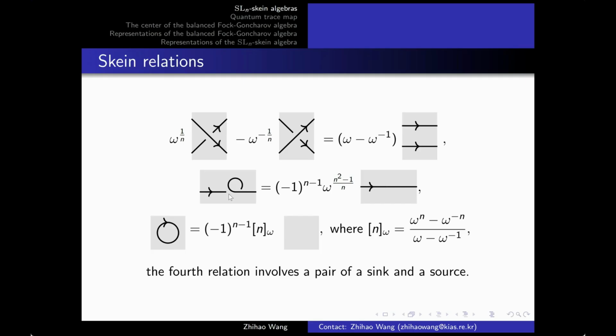If it is just a line, of course this one is isotopic to this one. But if you have the framing, for example if this is a band, then this one is not isomorphic to this one. You can try this with a paper: you cannot just straighten it up. So this one is different from this one. This is why the framing matters. Yeah, good question. Thank you.